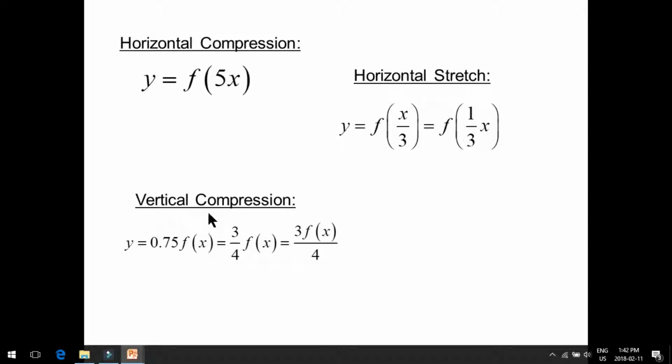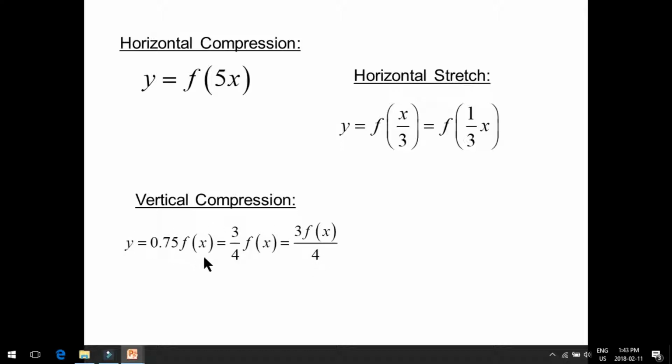This is a vertical compression because the factor is less than the number 1. And this will multiply the y values, hence it's vertical, because it's multiplying y values, as opposed to this, which divides x values. This one multiplies y values. 0.75 is the same as 3/4, and 3/4 f of x is the same as 3 times f of x over 4.